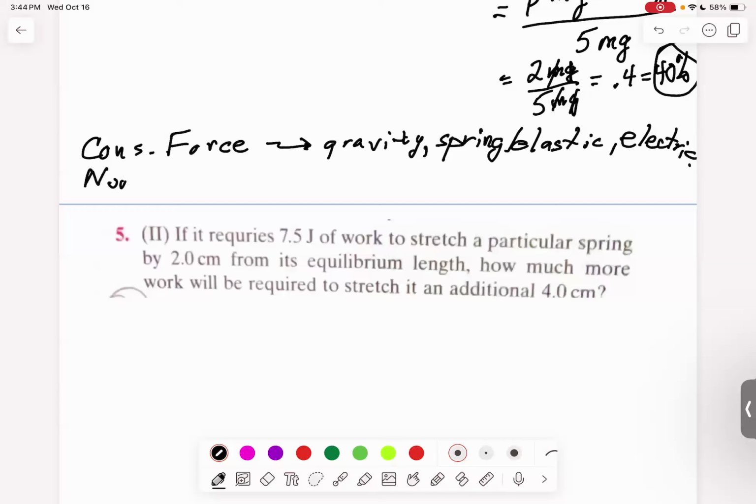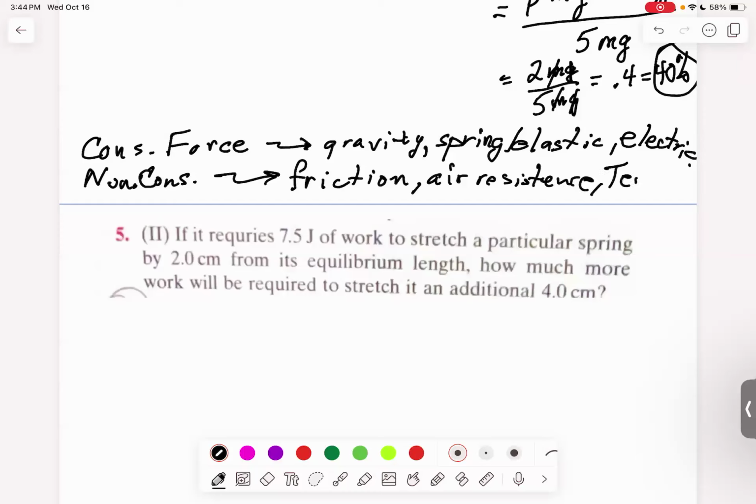And for non-conservative forces, we're going to be talking about a lot of friction, air resistance, tension, and in some cases, engine propulsion.